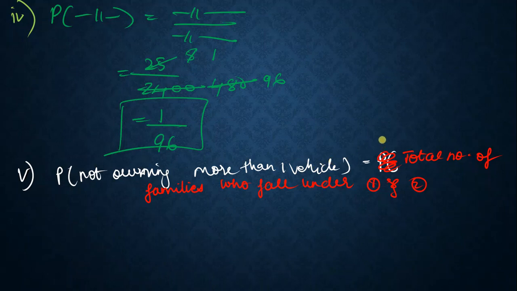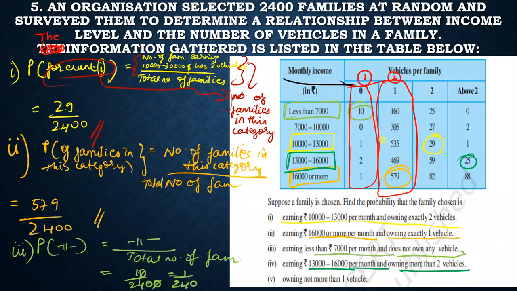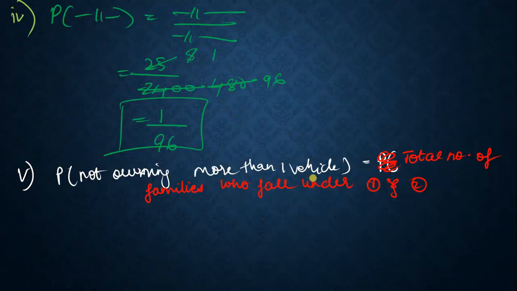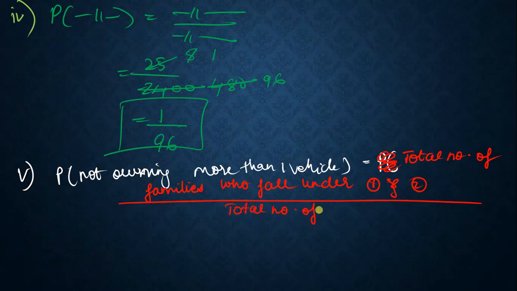So basically, not owning more than one vehicle means the number of families who have no vehicles and the number of families having one vehicle. That means minimum is 0, maximum is 1. So all the families that fall under having no vehicles and one vehicle will be in the numerator, divided by the total number of families.